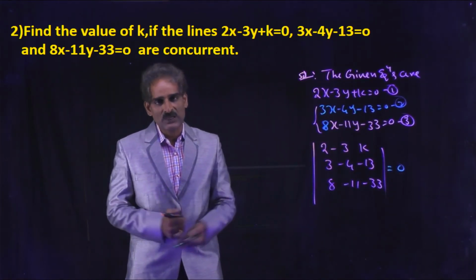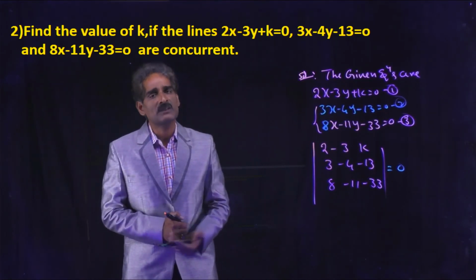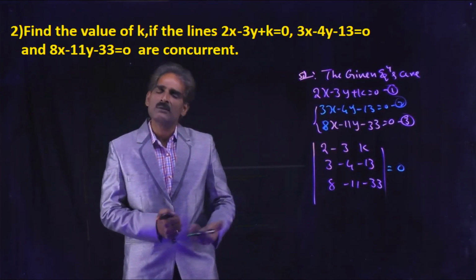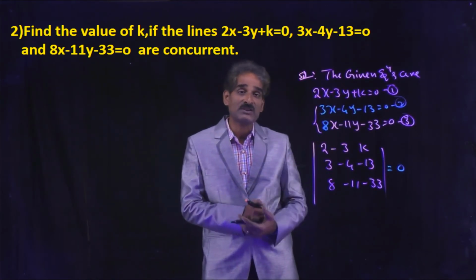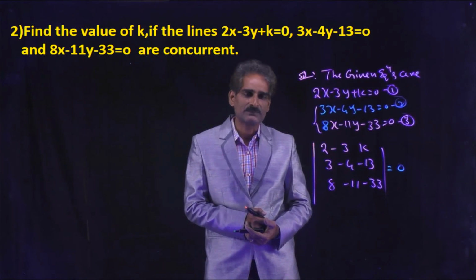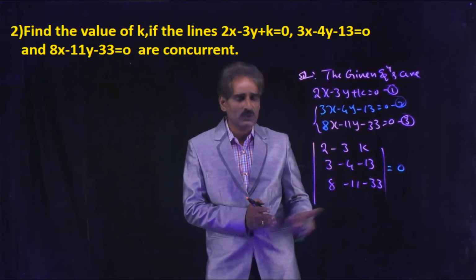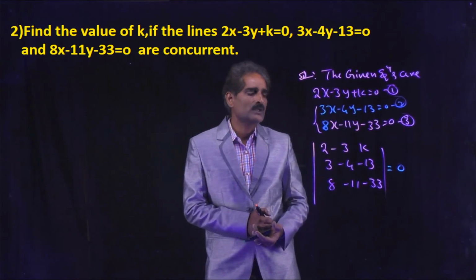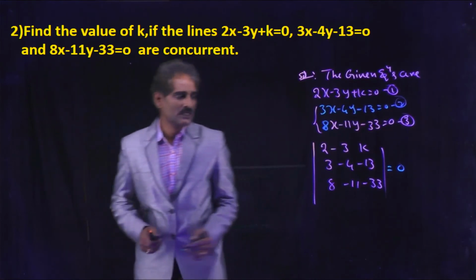If the question asks to show that lines are concurrent, then find the determinant and check whether it equals 0. Here it is already given that they are concurrent, so with respect to that condition we find the k value by taking the determinant equal to 0.